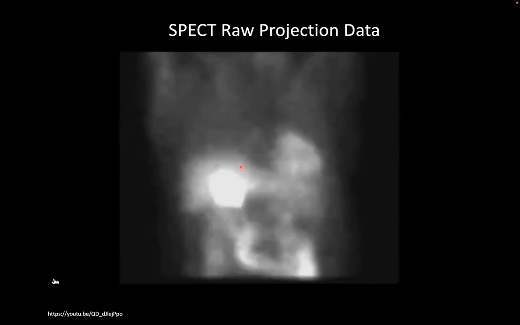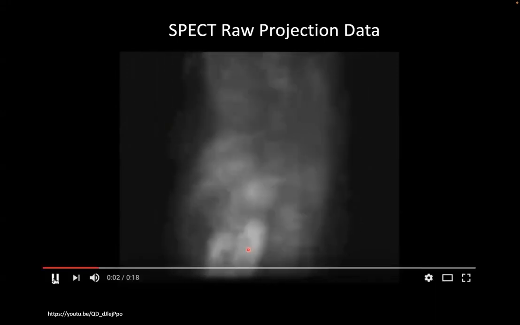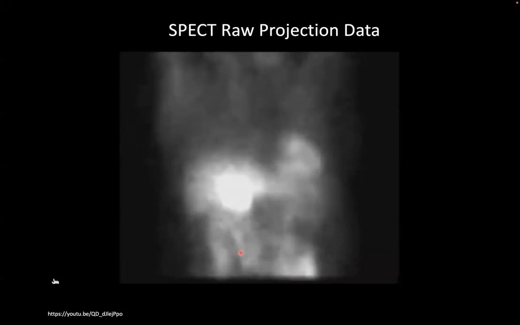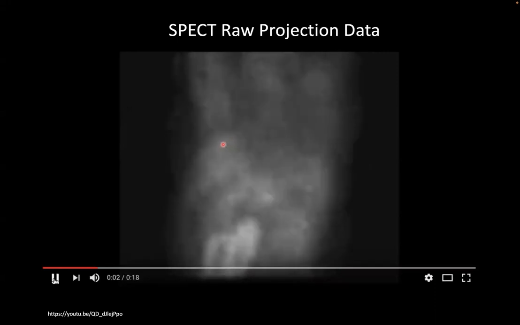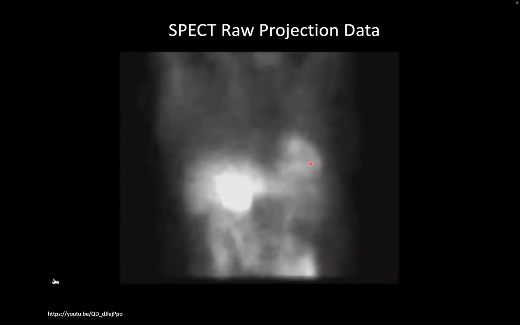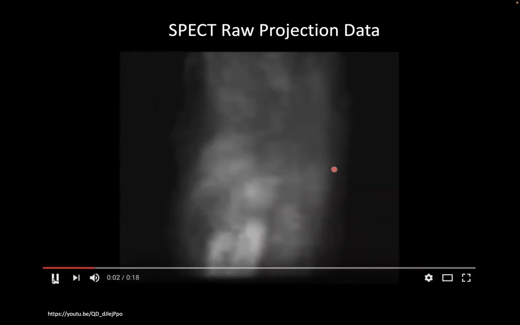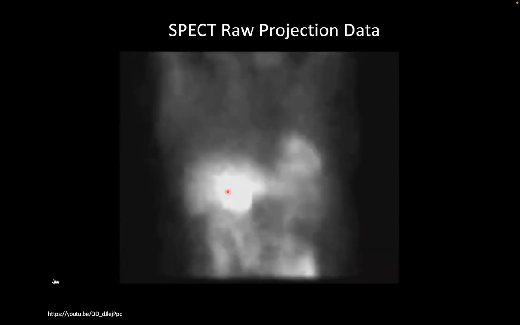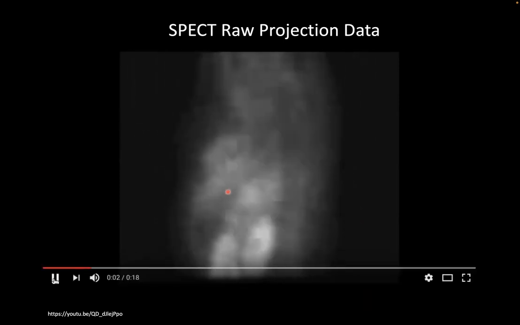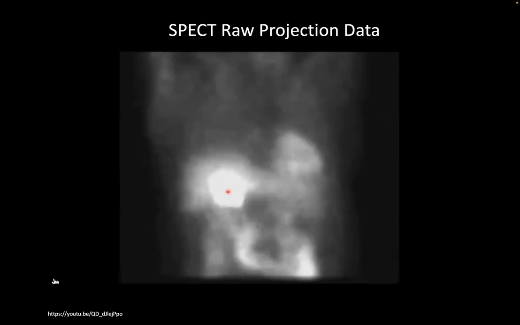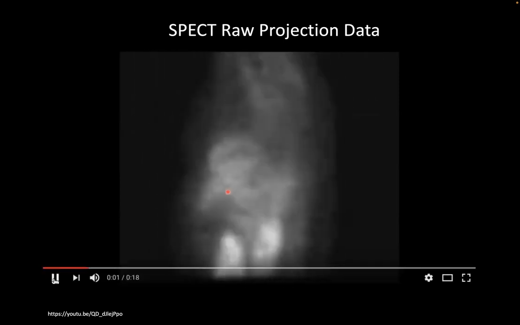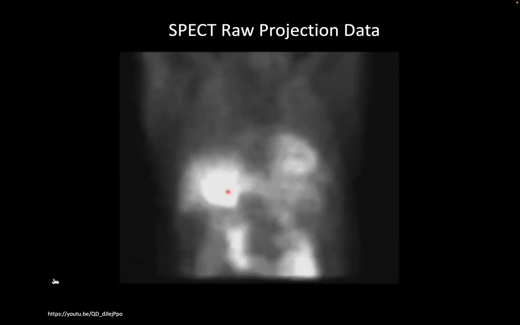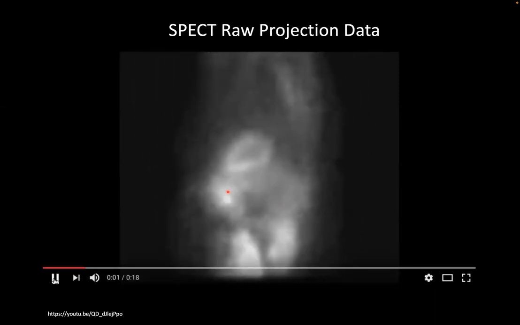This is the liver here. These look like the kidneys down here. That's a kidney probably. And this is the left ventricle, right? That's the heart. This movie gives you an idea of what your spatial resolution is on that system. You can imagine recreating a three-dimensional object from these different projections.